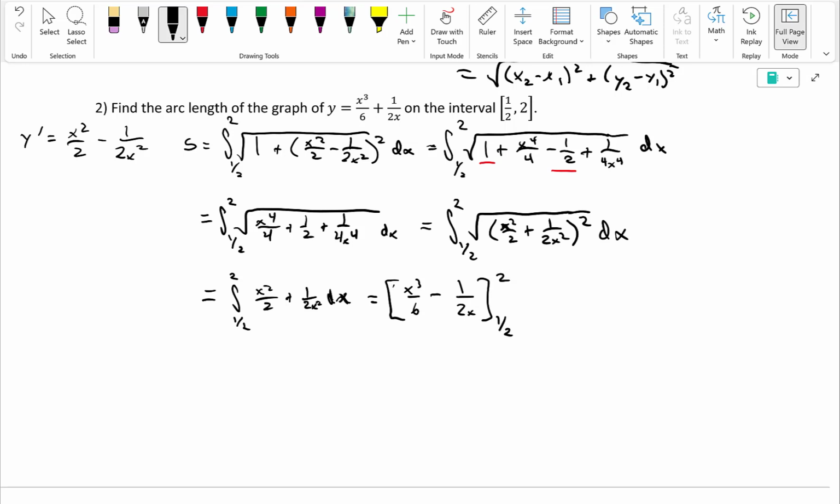When we evaluate, we get an 8 over 6, or 4/3, but we'll see if we need it, minus a 1/4, minus whole quantity here, plugging in the 1/2, we get a 1/8 over 6, or 1/48, minus 1.